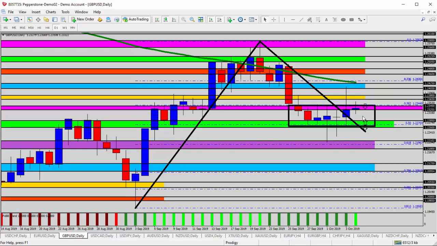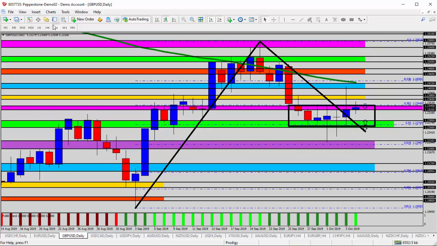If there's positive motivation for the USD after non-farm payrolls, we could be looking for this to go down, target the green zone or lower levels within the direction of the most recent trending action. So that's one setup that we might consider, again, on positive motivation for the USD after non-farm payrolls.